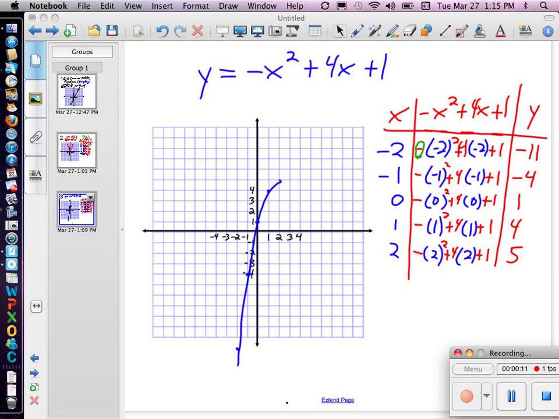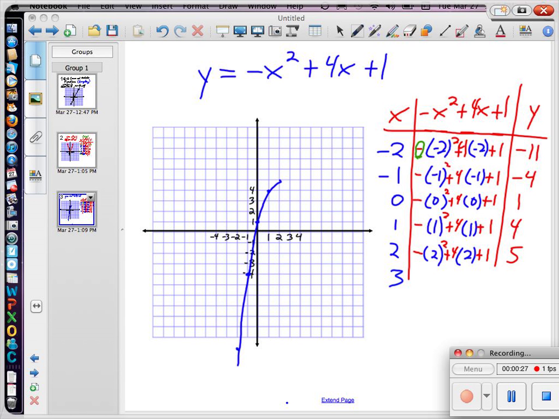Okay, so the dilemma we're facing right now is we don't have that U or N look that we're looking for. So what went wrong? Well, the problem in this case, I think we'd find out if we graphed 3 as our x value. If we plug in 3 here, we would get negative 3 squared, which is -9, plus 4 times 3, which is 12, plus 1.